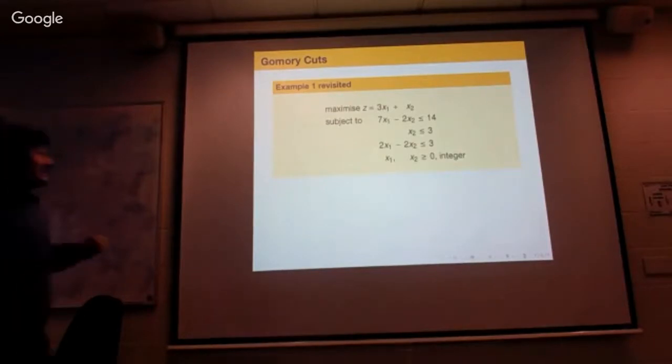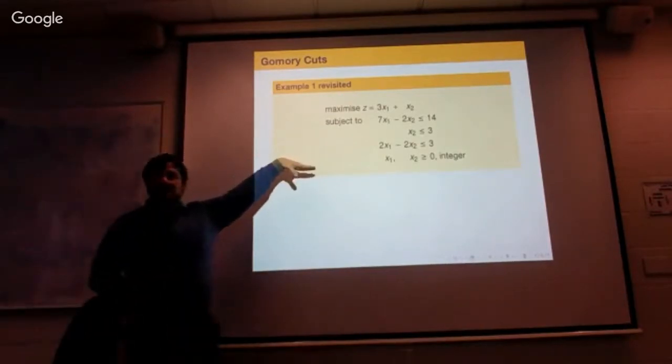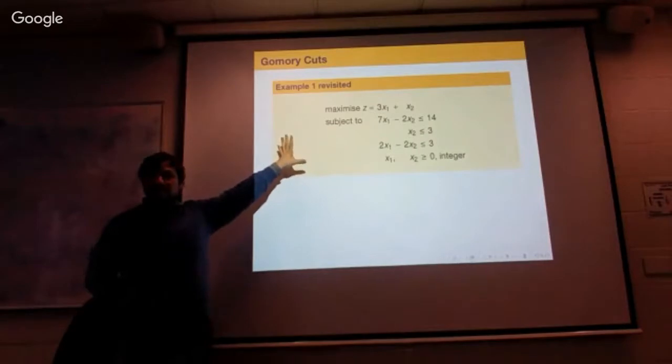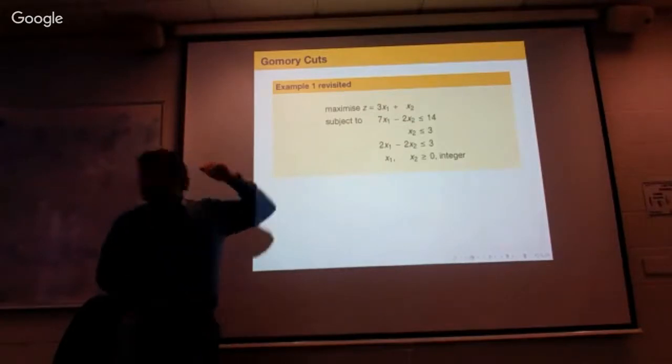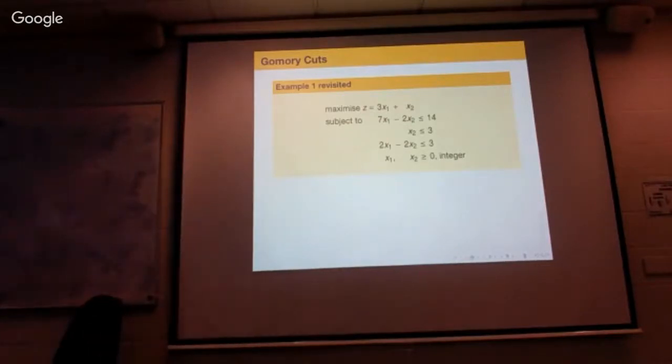Okay, so let's say I'm trying to solve this problem. Simple problem, and we've seen the picture. So how do I solve it? Well, I first solve the LP relaxation.